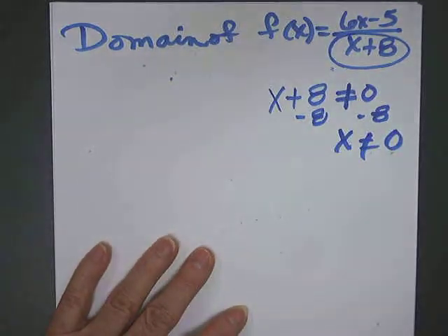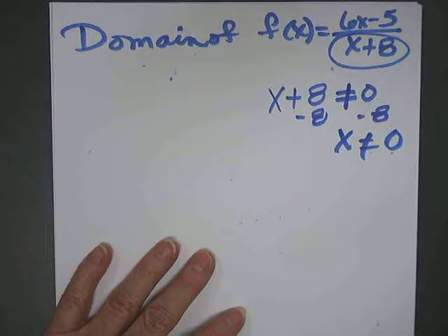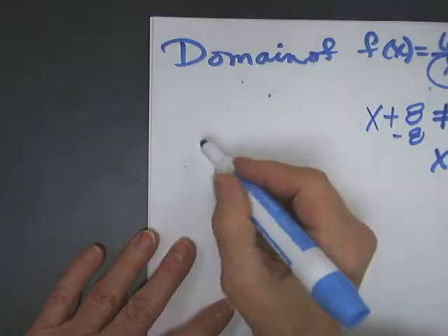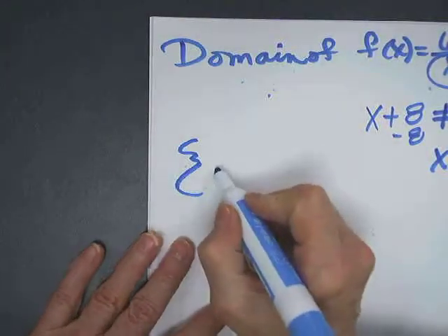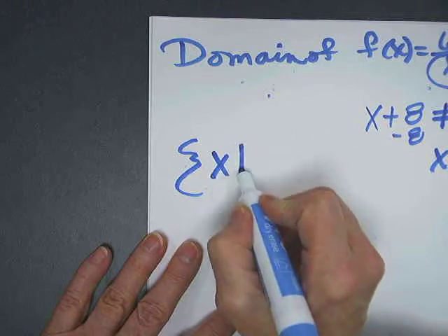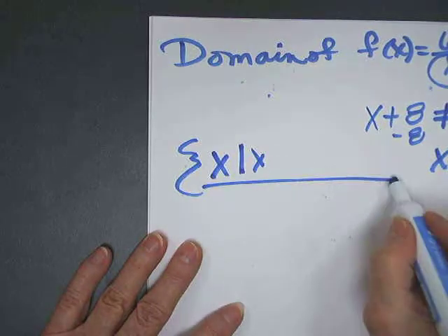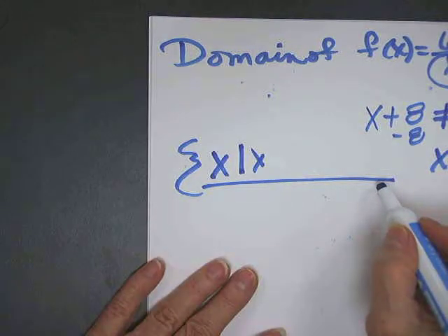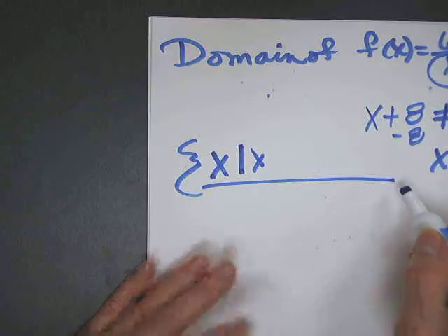Okay, here's a different one. Find the domain of this function. F of x equals 6x minus 5 over x plus 8. Okay, the domain.